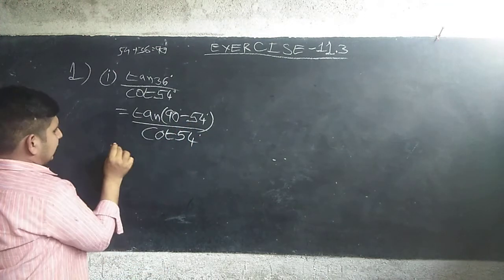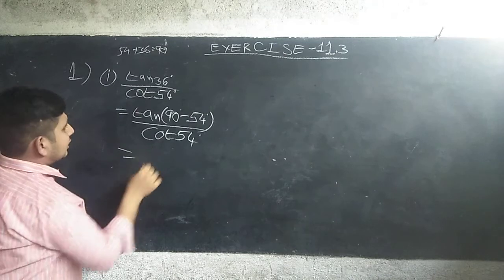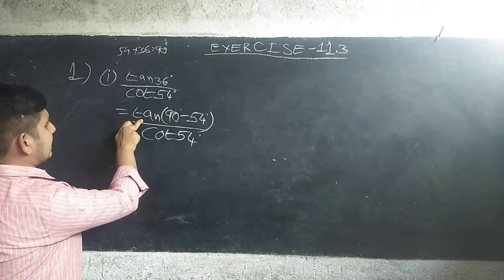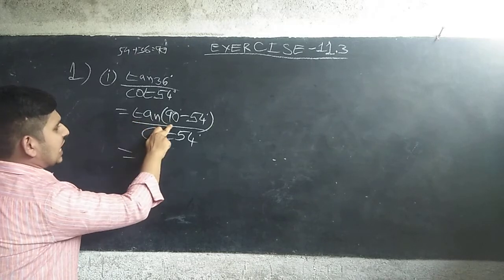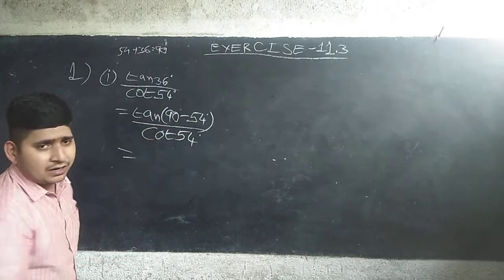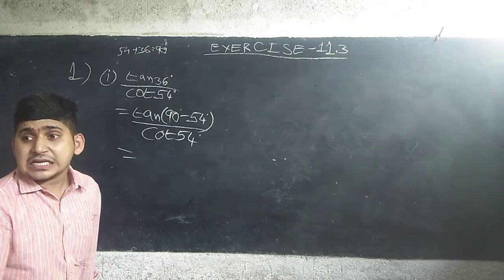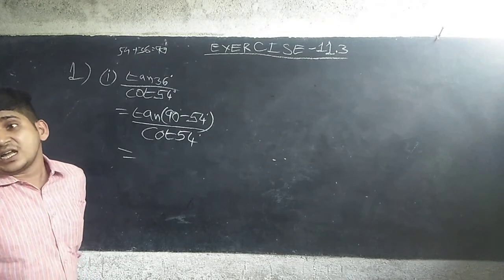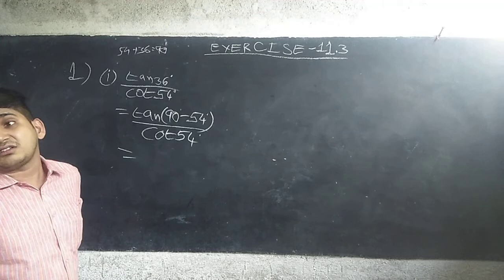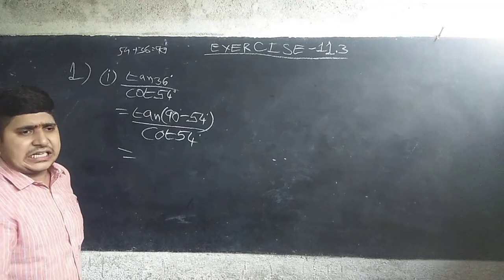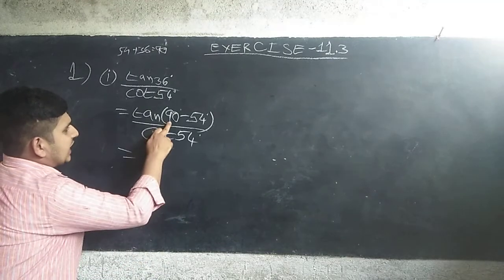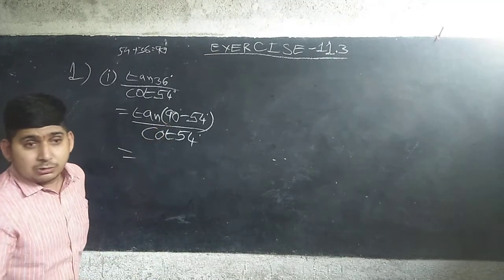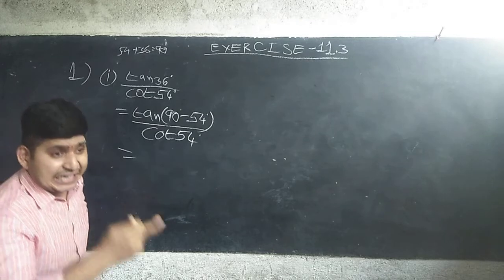Now see here, the numerator is in the form of tan 90 minus theta. Tan 90 minus theta means in which quadrant? In the first quadrant all ratios are positive, so there is no change in the sign. Now 90 is an odd multiple, so the ratio is changed.